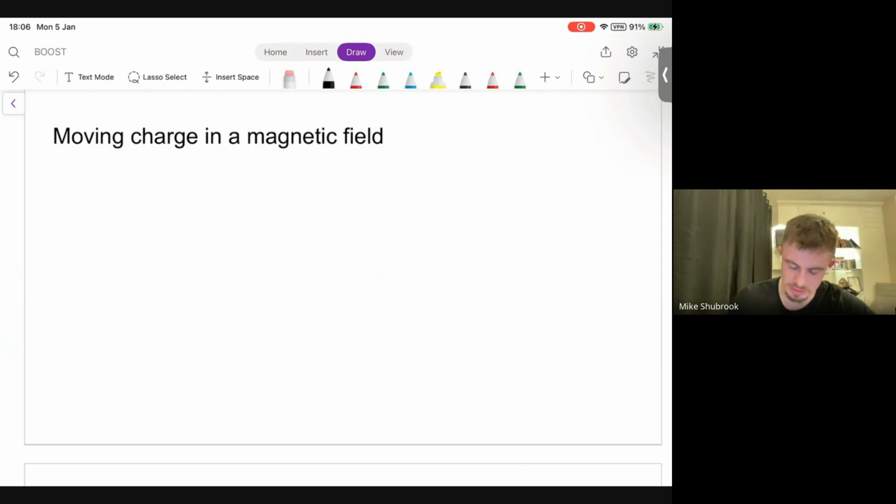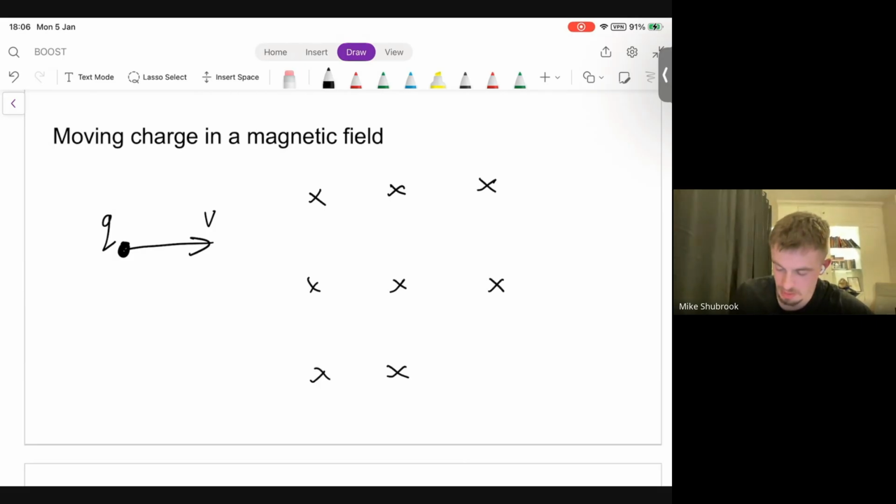Right. Last lesson on Friday, we talked about if I have a charge Q moving at velocity V and it's going into a magnetic field, which let's say is going into this page like this, then what's going to happen is that the charged particle moves freely until it enters the region of the magnetic field. So it moves in a straight line.